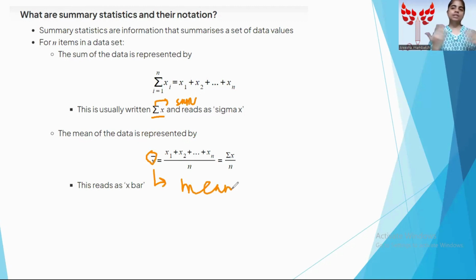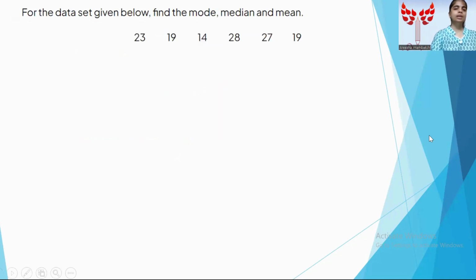So these are some statistics notations which you need to understand, okay? Let's look into a question and we will find the mean, median, mode, and range, as well as we are going to find, through this data only, variance and standard deviation. Okay, so let's find the mean.